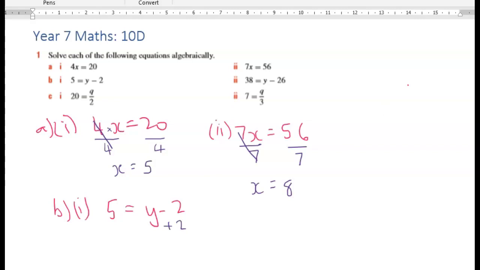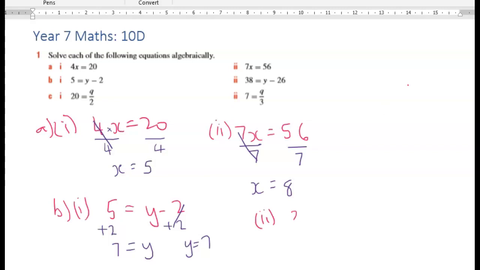But whatever we do to one side, we also need to do to the other. So those 2's cancel out. 5 plus 2 gives you 7. So 7 equals y. Now in algebra, we tend to write the pronumeral first on the left-hand side, so you can just write that as y equals 7. But 7 equals y is exactly the same thing.